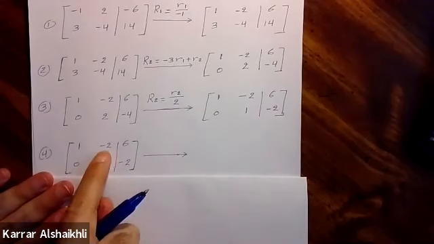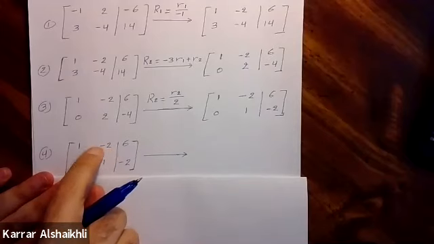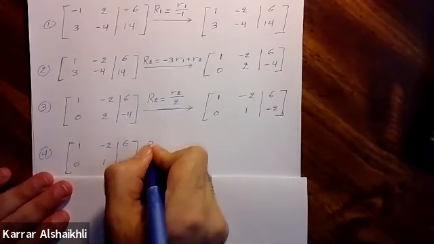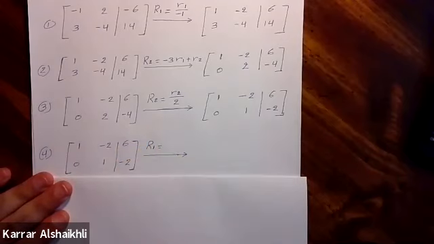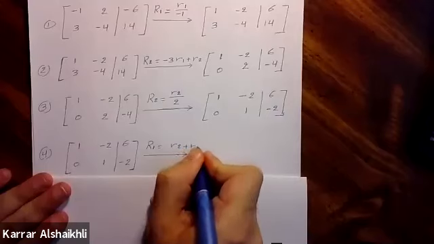We need to convert this number to 0. That means my new step is going to be on the first row, a new row 1. How I'm going to do this step is R2 plus R1.